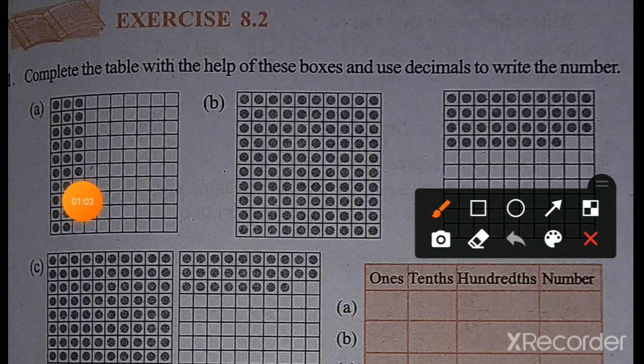So the number is, for the ones we can write here 0, because if it is completely filled then it is called the ones, otherwise it is not the ones. Now in tens we can write 2. Why 2?